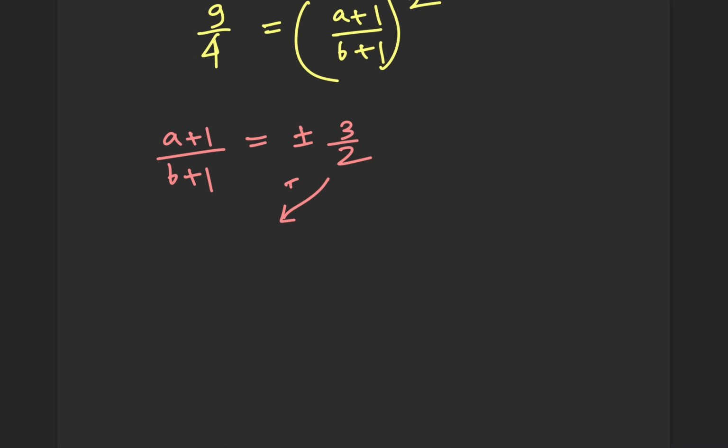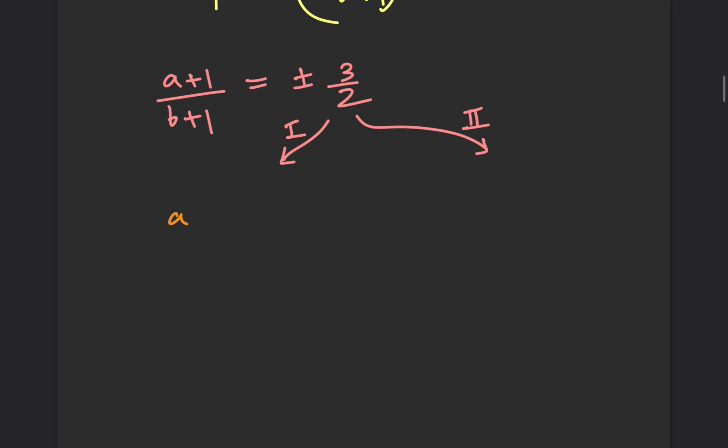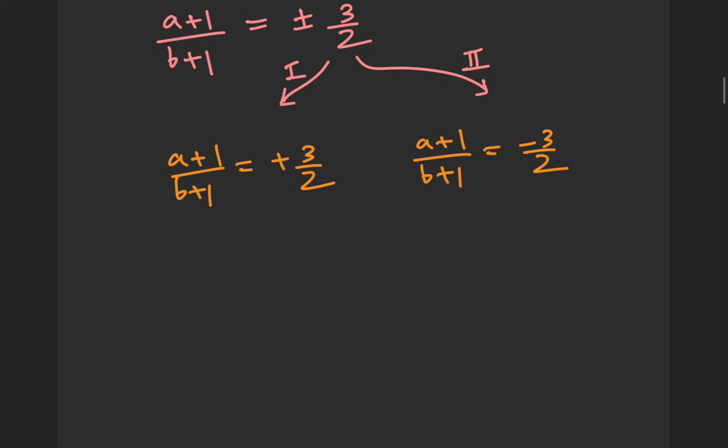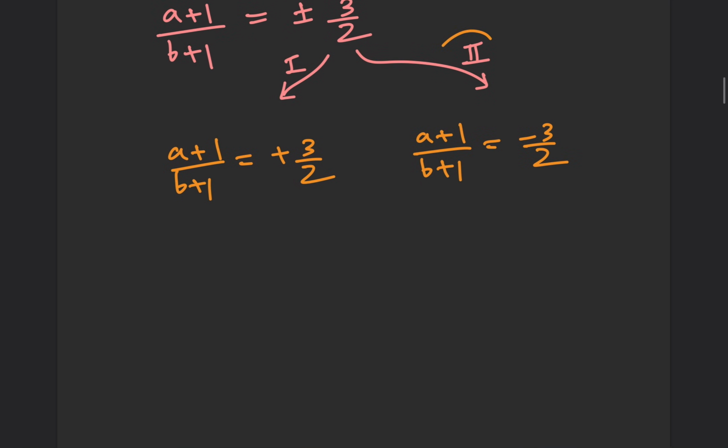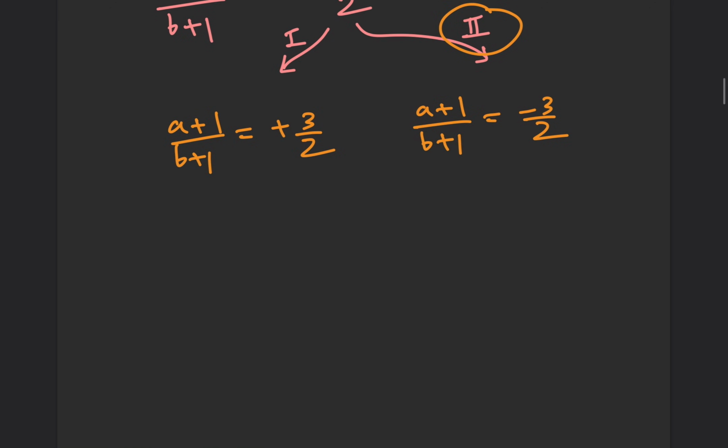So there are two cases now. In the first case, A plus 1 by B plus 1 is equal to plus 3 by 2. In the second case, A plus 1 by B plus 1 is equal to minus 3 by 2. This second case is not possible, because either A or B has to be negative for this to be true, and it is not possible that A or B is negative, because it is the charge.